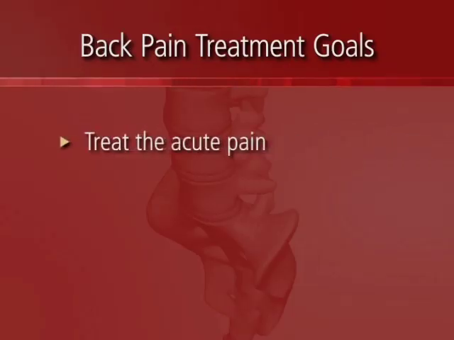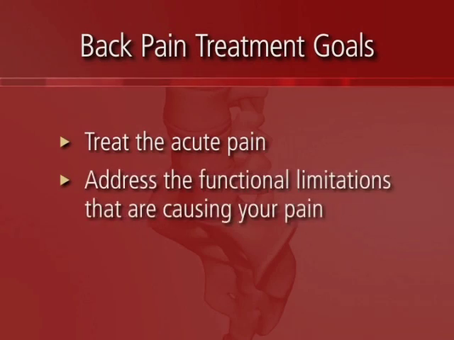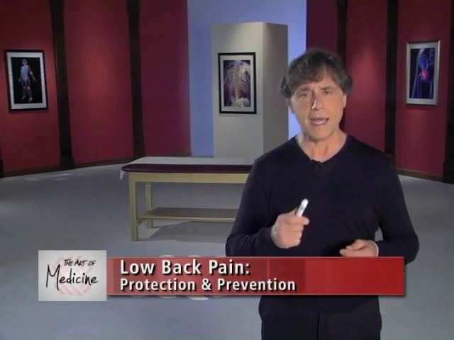There are two goals in treating your back pain. The first is to treat your acute pain, and the second is to address the functional limitations that are causing you pain. You can't treat just your symptoms if you don't know what's causing them. Chiropractic care is an important tool in reducing the acute pain, while physical therapy addresses your functional limitations or impairment. But both therapy and chiropractic care are education-based.